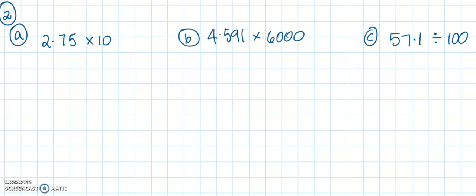Okay, we are now going to look at multiplying decimals by either multiples or powers of 10, and also dividing decimals by powers of 10. So this is quite simple. Let's look at the first example, 2.75 times 10.